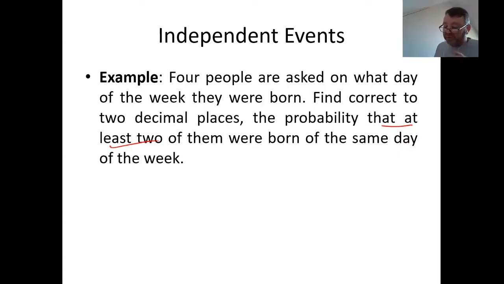So if I want the probability that at least 2 were born on the same day, why not take 1 and remove from that the probability of different days? That's the easiest way to do it. Always take the opposite statement to the one that's given. When you hear the words "at least", look at the opposite statement and take that away from 1.